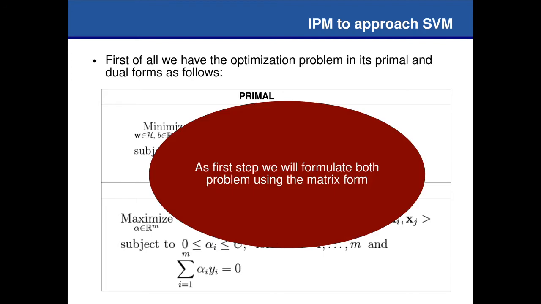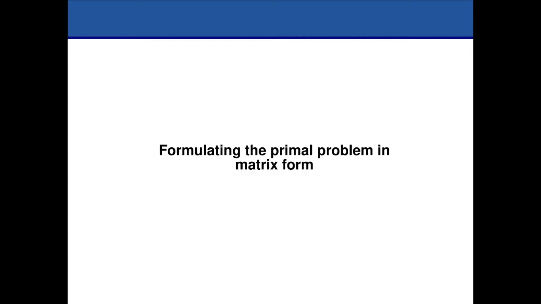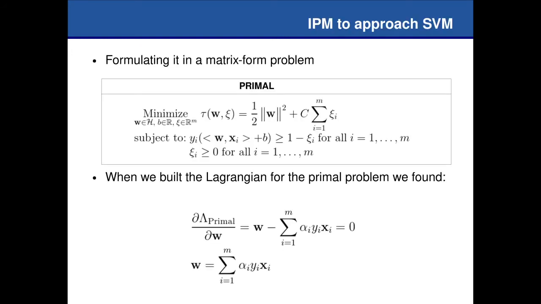So first of all, we are going to reformulate those two problems in matrix form. Why matrix form? Because it's going to be easier to work with. First, we are going to formulate the primal problem in matrix form. Here we have the primal problem.